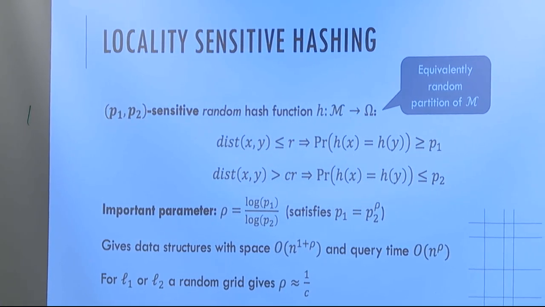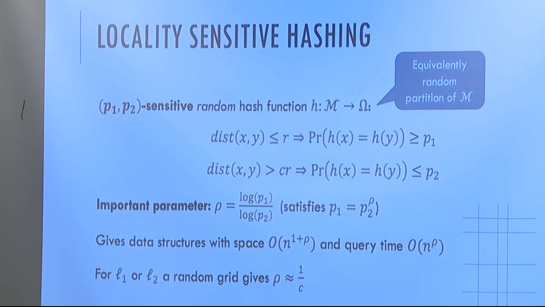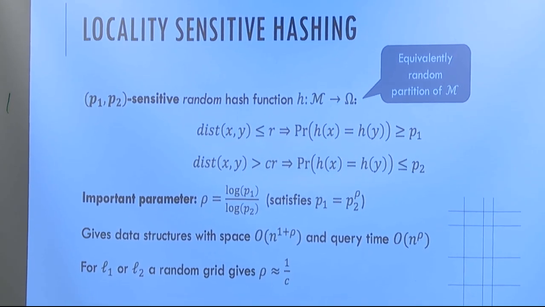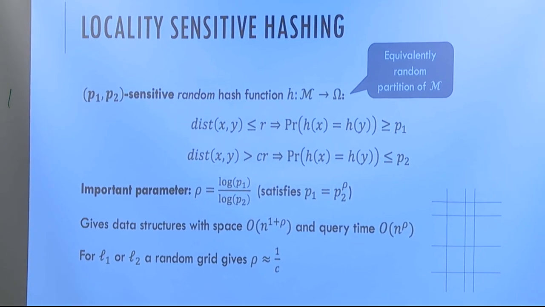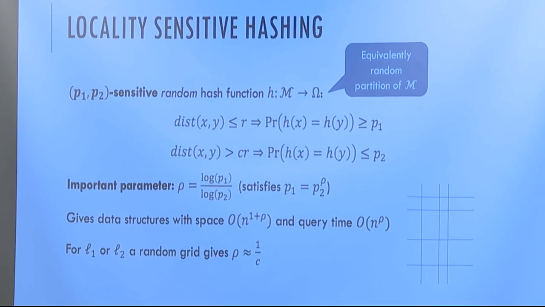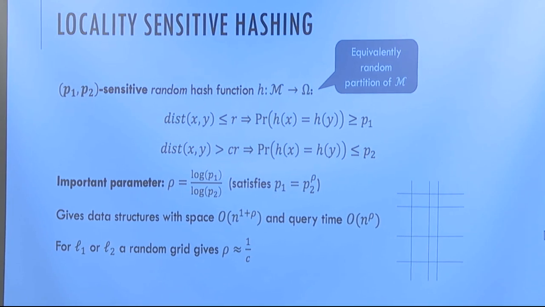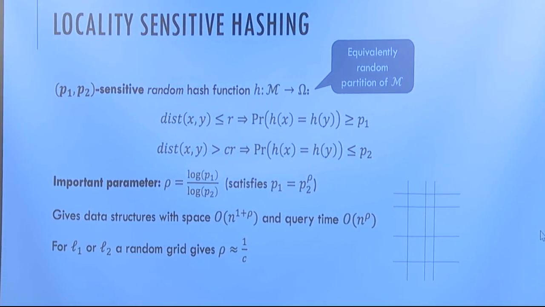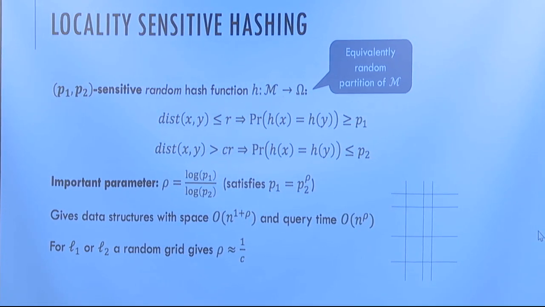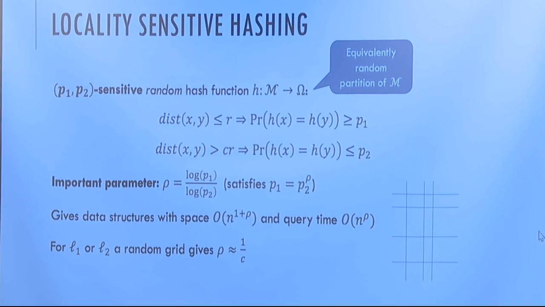And for L1 and L2, one thing that happens to work is you can take a random grid. Basically, you randomly pick coordinates and pick a random hyperplane orthogonal to that coordinate, coordinate-aligned hyperplanes that divide your space into a grid.